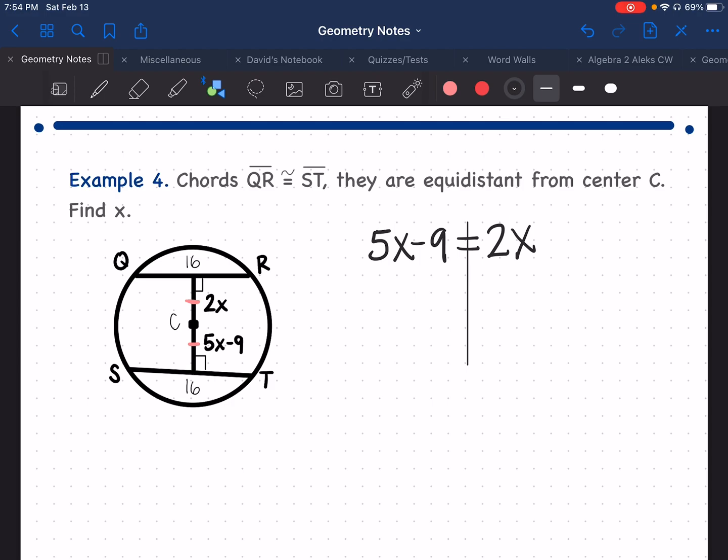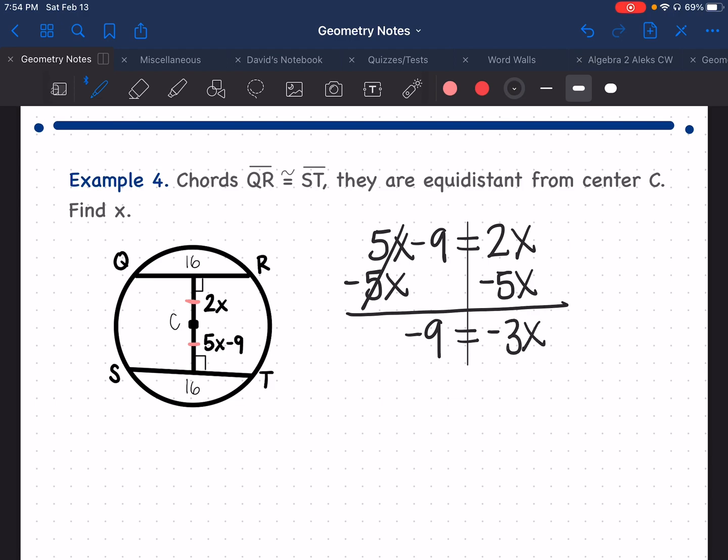Not a bad idea to draw that line through the equal sign, especially since I'm going to move the 5x this time because the 2x is already by itself. 2 minus 5 would give me negative 3x. I'm going to divide by negative 3. I know, I bet you guys were thinking, oh, miss, no. But x equals 3, and there's my final answer.